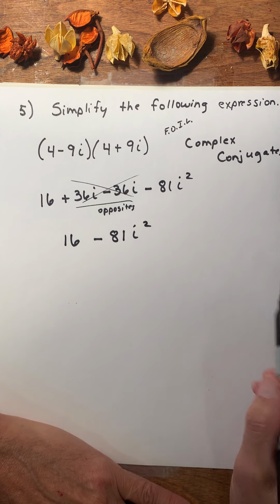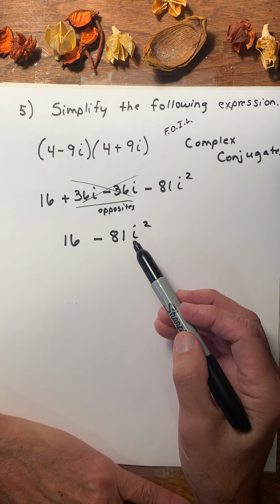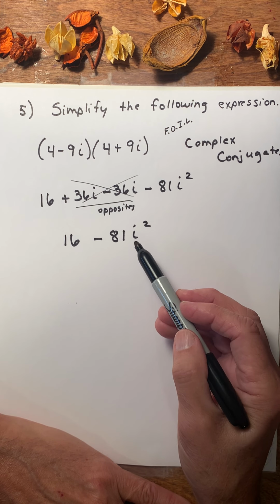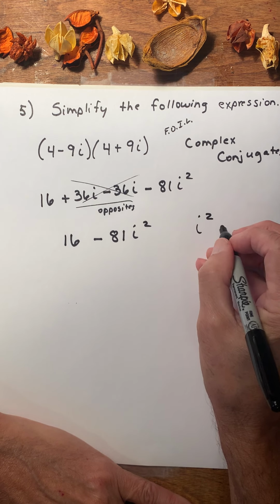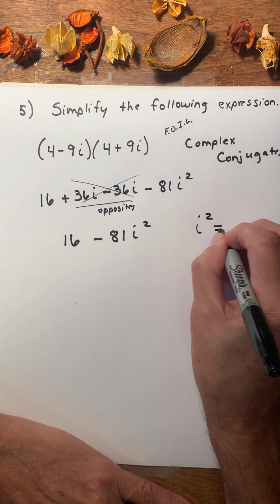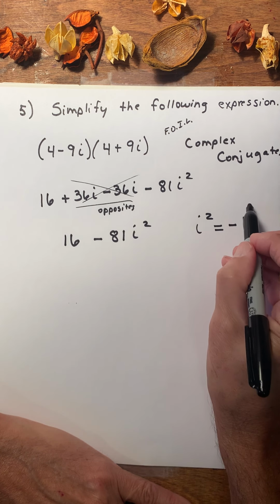But we're not finished because there is another property of complex numbers that says i squared is never in a finished expression. Why? Because i squared in terms of complex numbers is always the same as, do you remember? Negative 1.